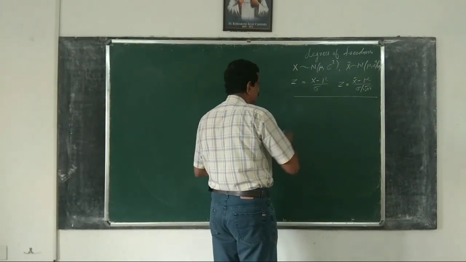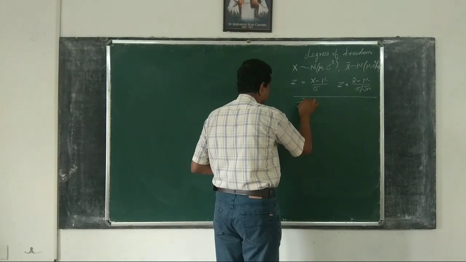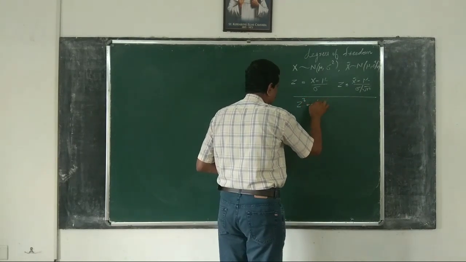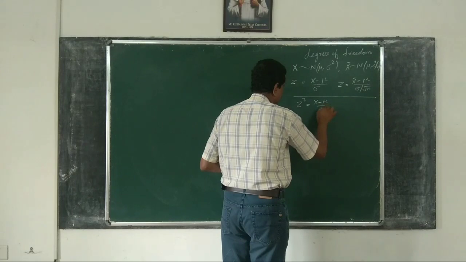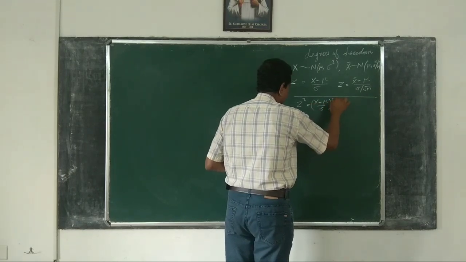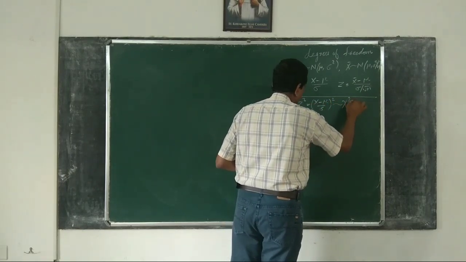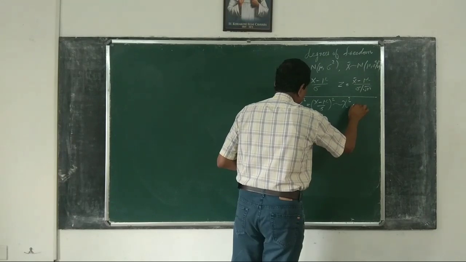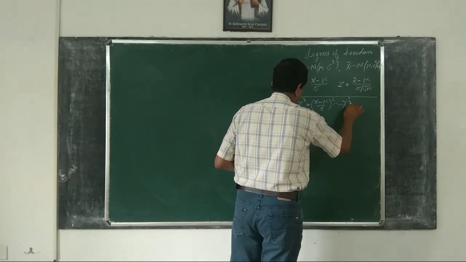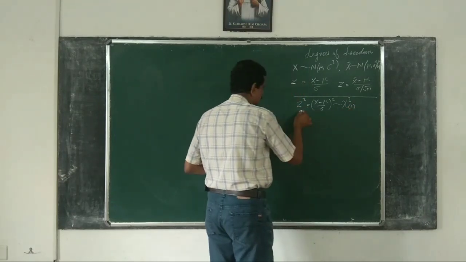So z square, equal to x minus mu by sigma squared, follows chi-square with 1 degree of freedom.